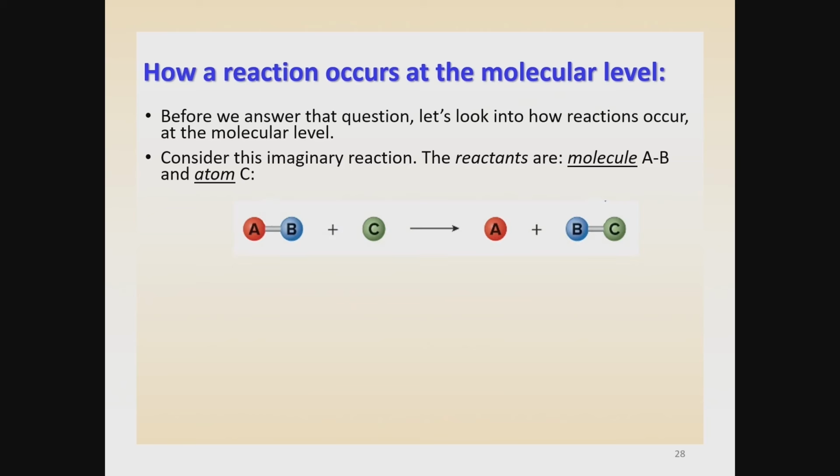We're looking at a reaction where the reactants are a molecule which has two different atoms or two different elements bound together, A and B, and it's reacting with this atom or different element C. Those are the reactants, and so they will react. And so look what happens. You'll get these products here. One of the products is the molecule B bound to C, and then now you have A as an atom that is released in the reaction.